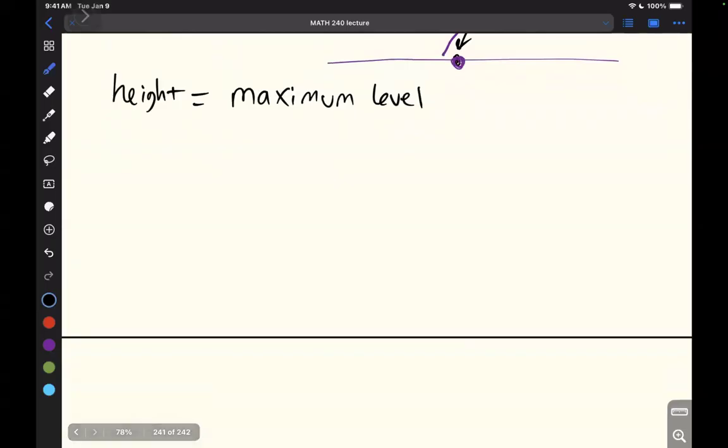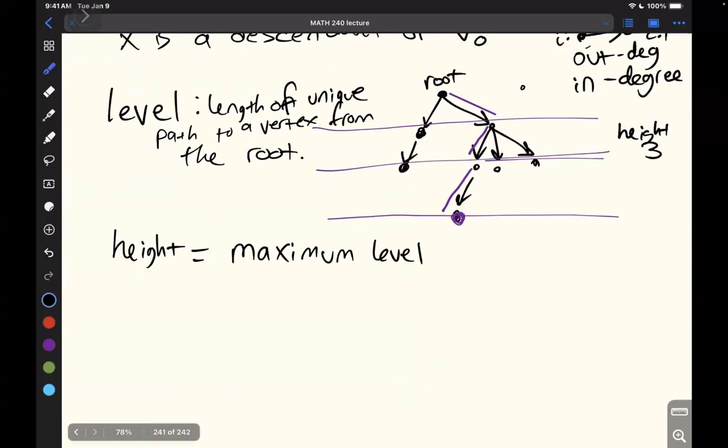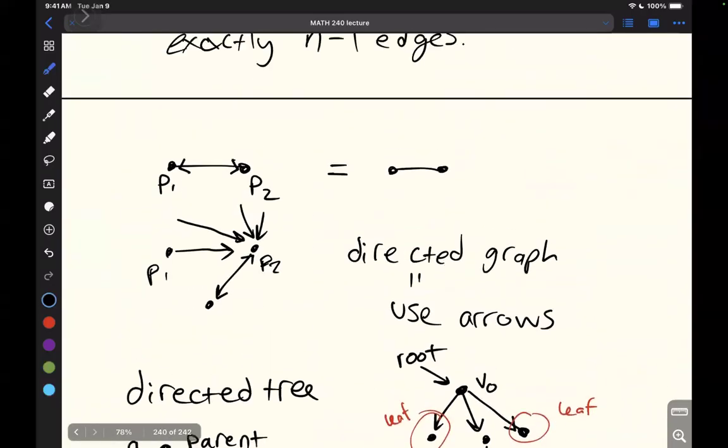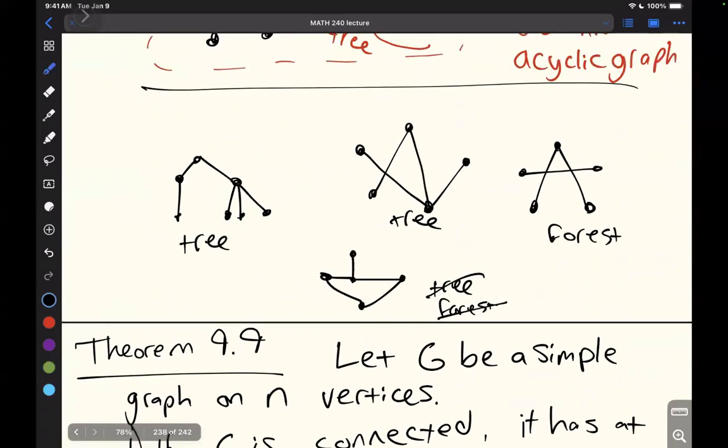Okay, so this is all about directed graphs. We can have a tree like this and still use that terminology without the arrows. So this is still a tree.